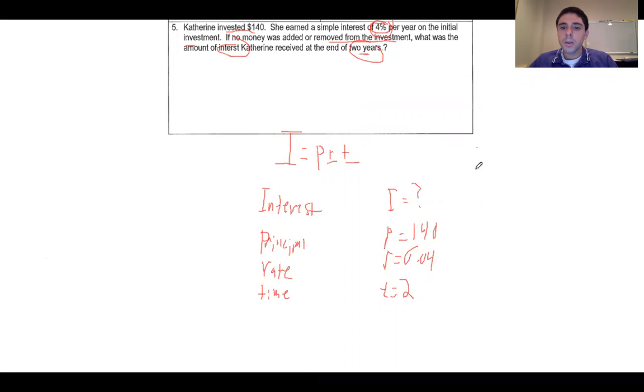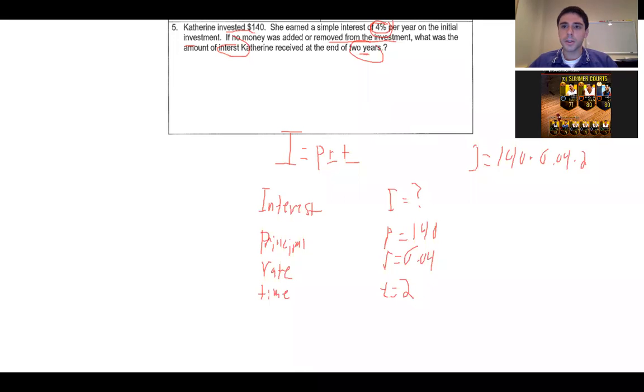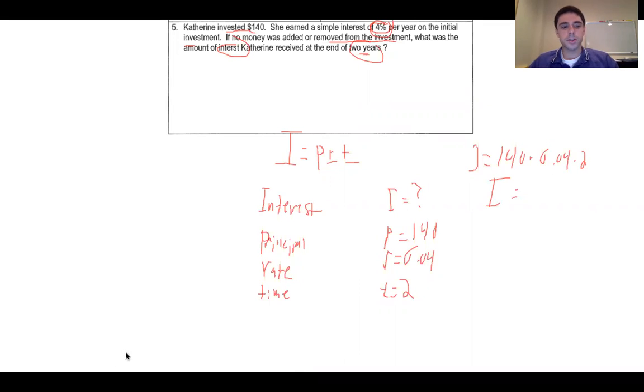So we have I equals principal's 140 times our rate of 0.04 times the time of 2. So what is our interest?